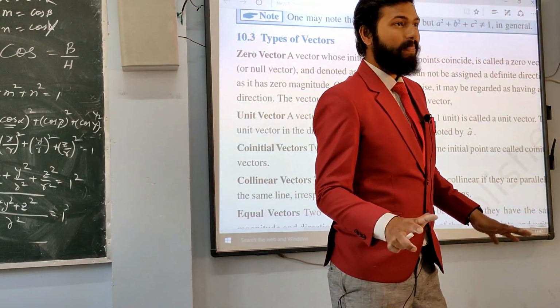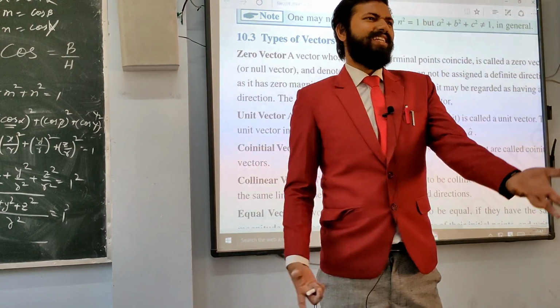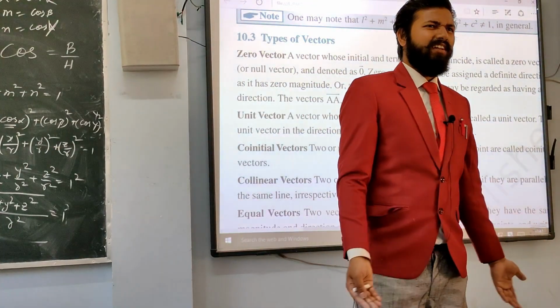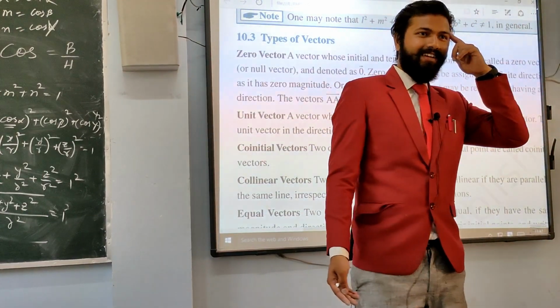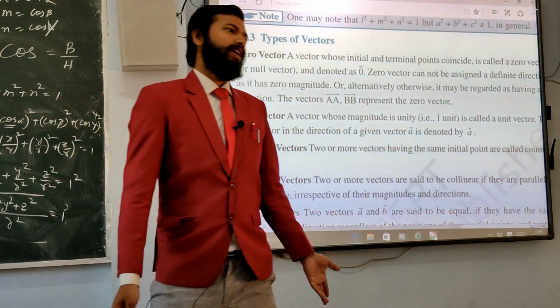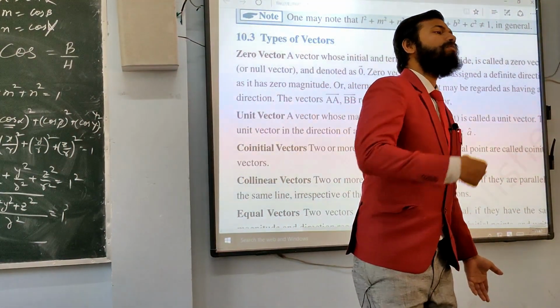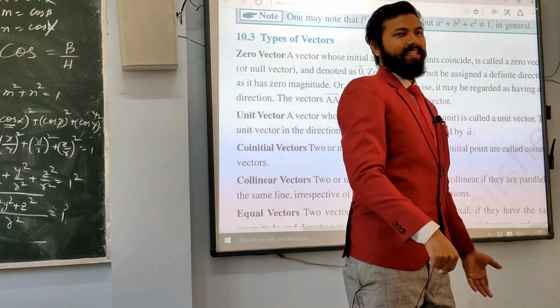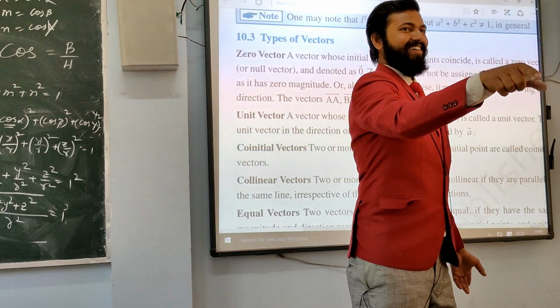Didn't understand? So if the zero vector has no direction, then what is the importance of the zero vector? What do you think? Important is that in some cases the result comes as 0. I went to the market, again I came back: 2i cap minus 2i cap gives the zero vector.